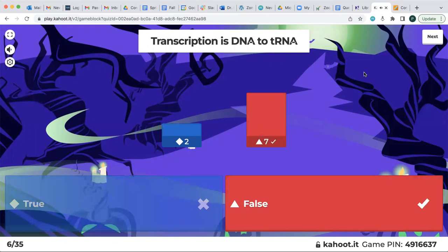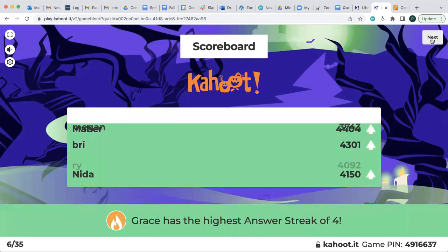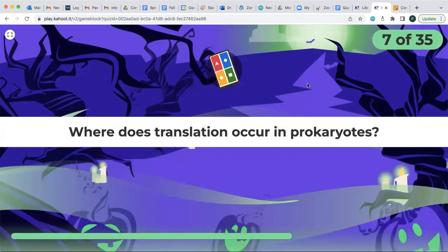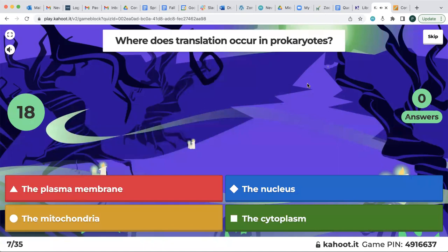Transcription is DNA to tRNA. Very good. Bit of a trick question there. So yes, that would be false because transcription is DNA to mRNA. Where does translation occur in prokaryotes?